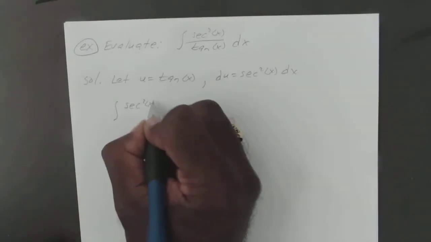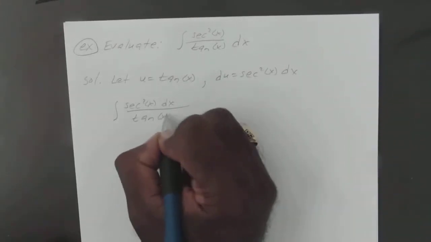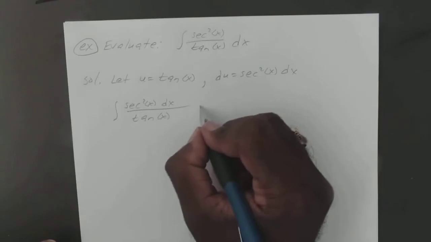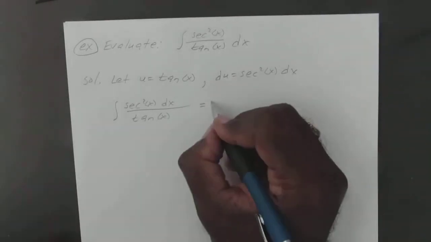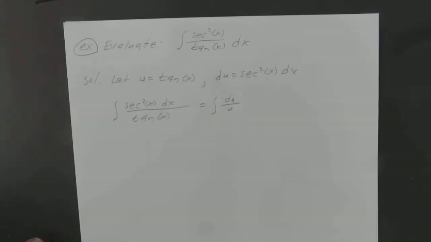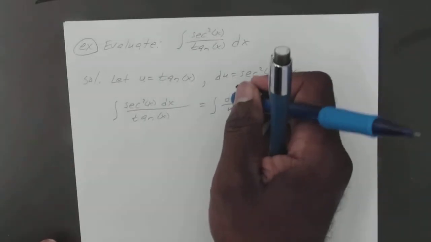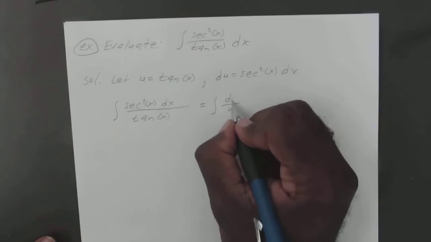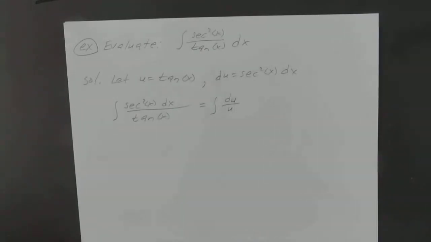All right, so just bringing our dx right up top, the integral of secant squared x dx over tangent x just becomes the integral of du over u.